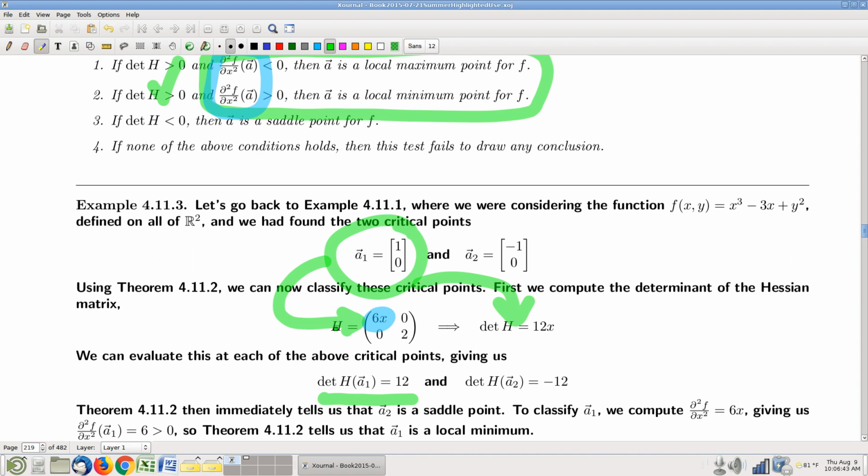You've got to plug that point into that second partial, and then at that point, that second partial is 6, which is positive. Thus, local minimum. Everybody on board? Just following through the rules.